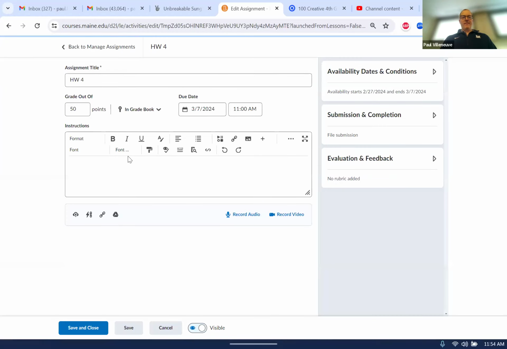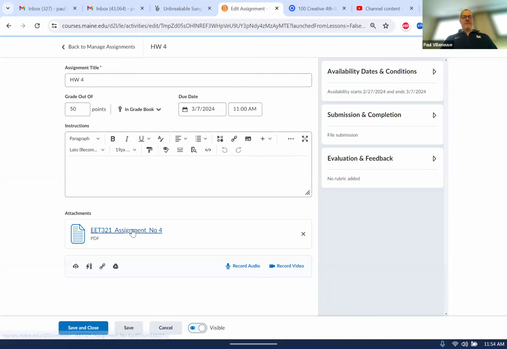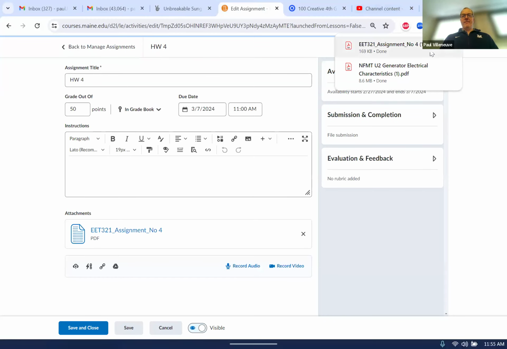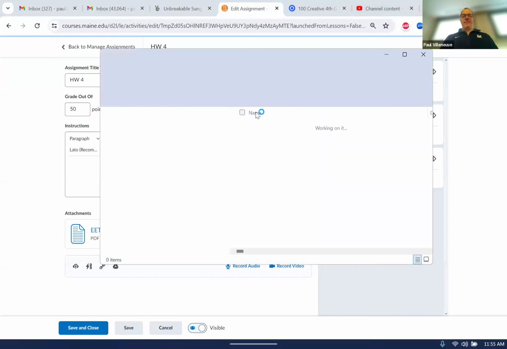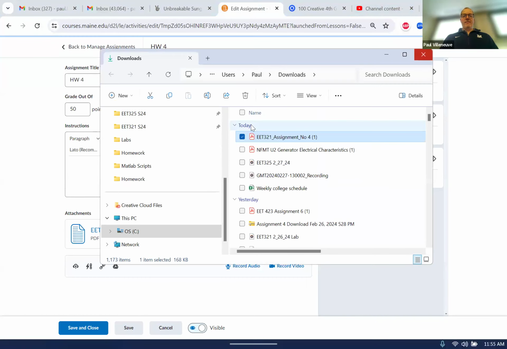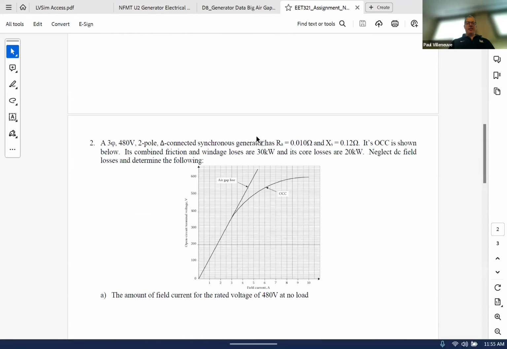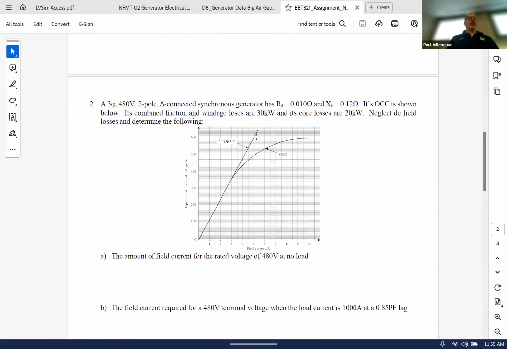And then the other homework is here, assignment number 4, where you have to do some calculations with an equivalent circuit, and what do you know?